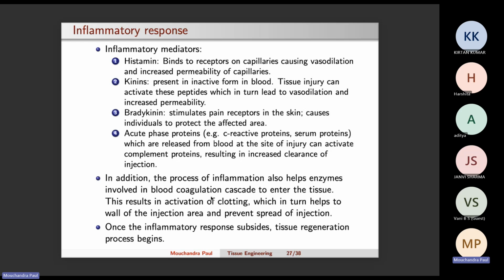Further tissue remodeling will happen, and together it will try to reconstruct that structure, but it will not be exactly the same as before the injury, but it will be something similar. So that is the tissue regeneration process that will happen after inflammation is over.